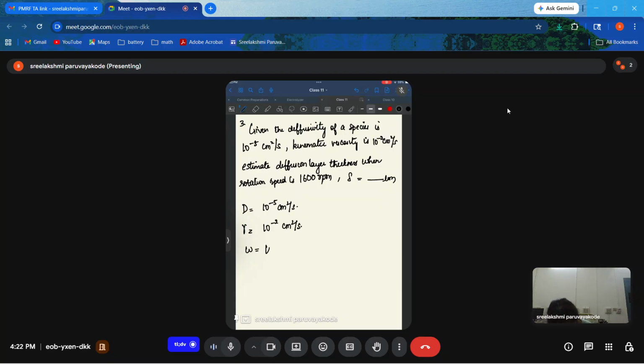Omega is given as 1600 RPM, 1600 into 2π by 60. You have to find out the value. Please use the calculator, do it by yourself, and then cross check the answer.